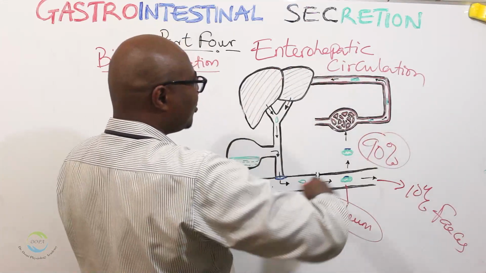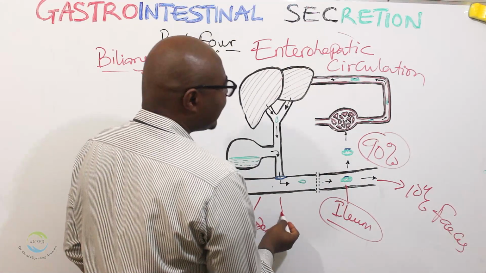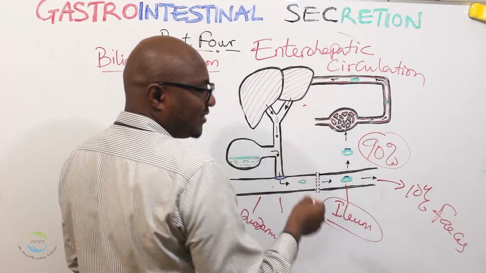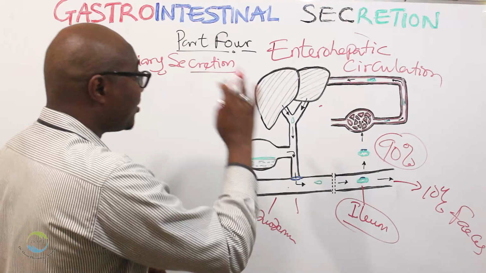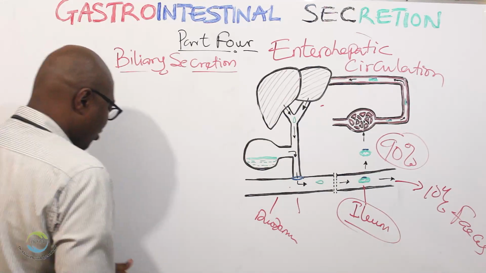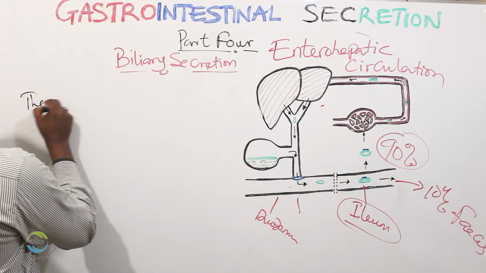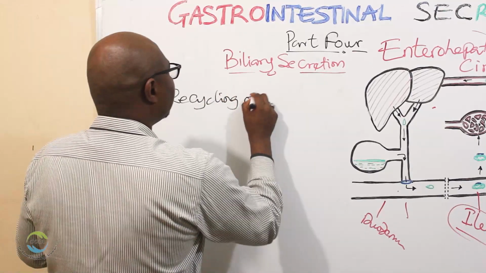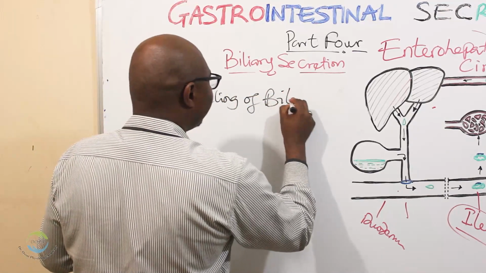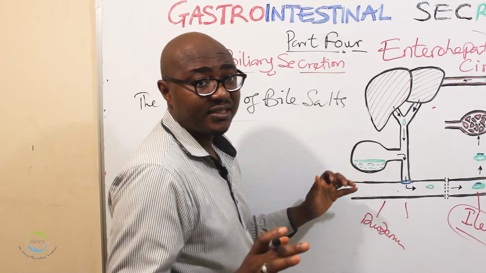So this is called entero, intestine, hepatic, liver, circulation. This enterohepatic circulation, you can call it the recycling of bile salts to avoid wastage.